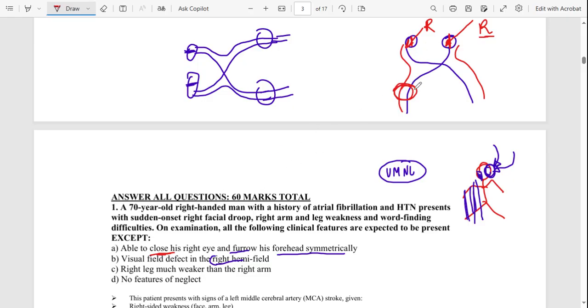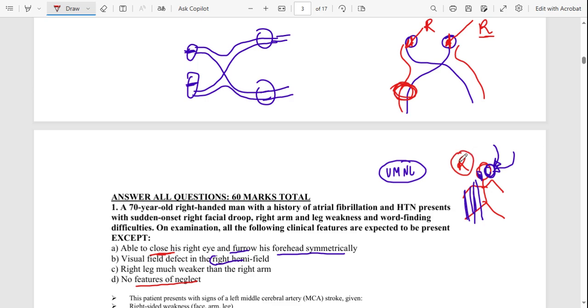So these fibers are specifically for sight, the ones that will be passing through the region that is also supplied by this middle cerebral artery. And then for no features of neglect, neglect is normally, when someone has neglect, the side that is affected is the right side.